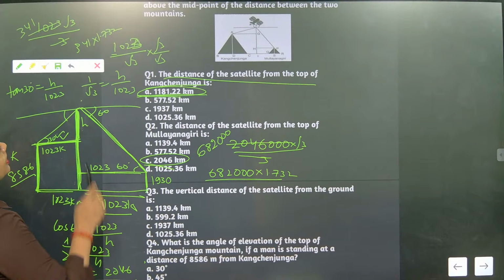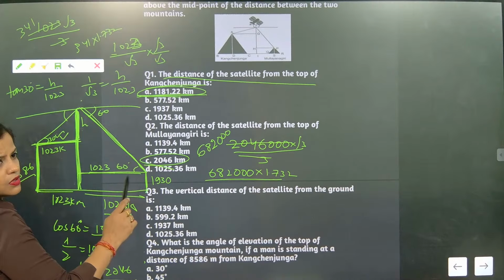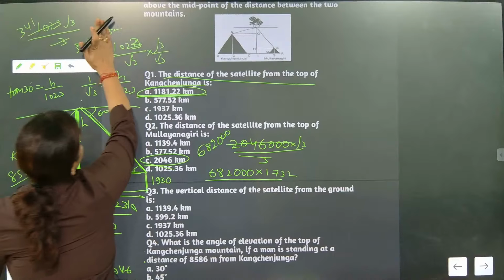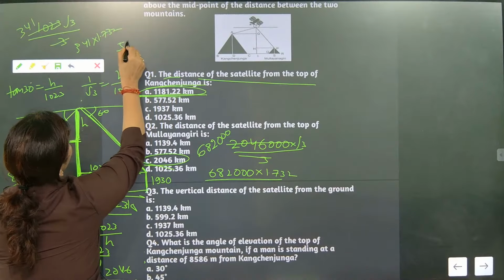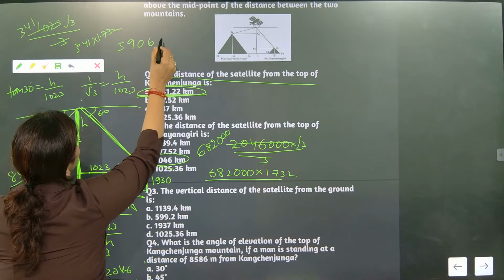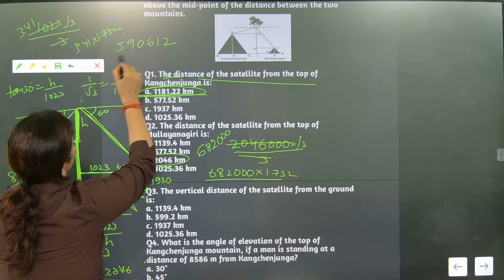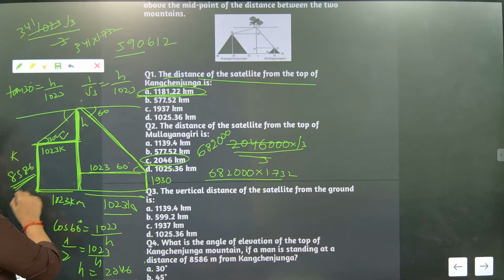Did you add it after that? What is the value coming? Just tell me the value. 596. 590. 590, we have to add this one also, na?